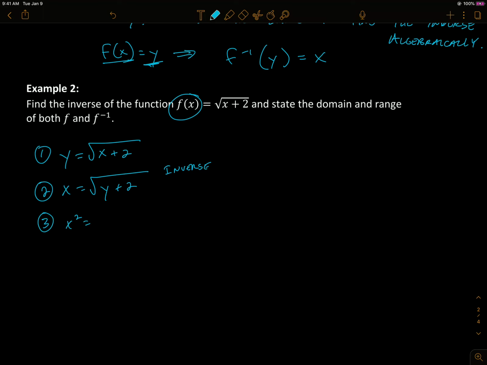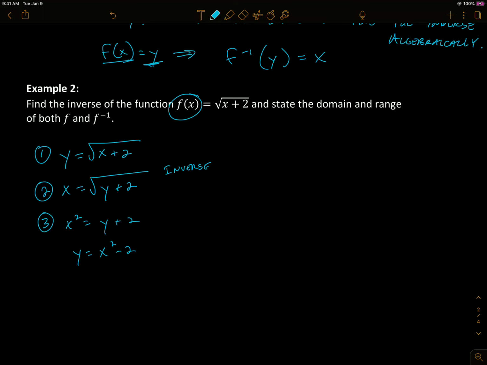So if we square both sides, right, then we subtract 2. We end up getting, I'm going to put the y on the left side, x squared minus 2. We now have our inverse. We were able to solve it for y as a function of x, so therefore it is a function. I was able to solve it down to one equation.